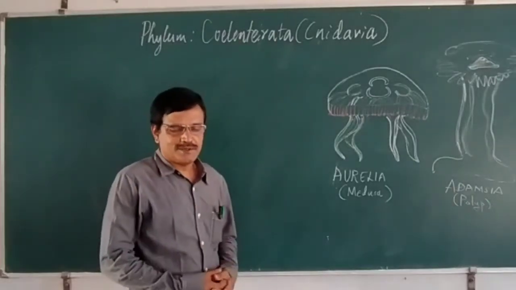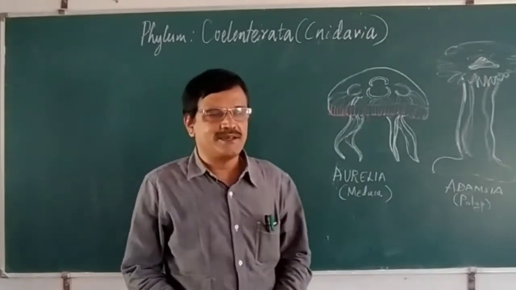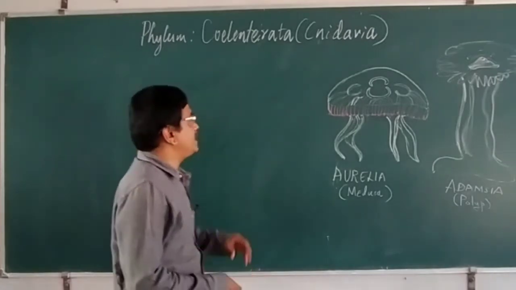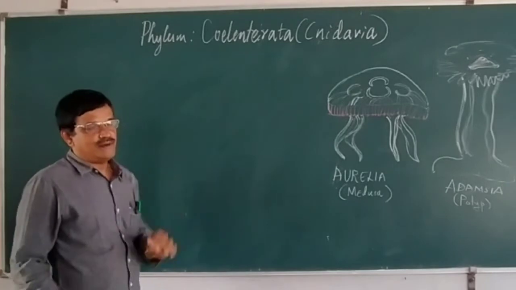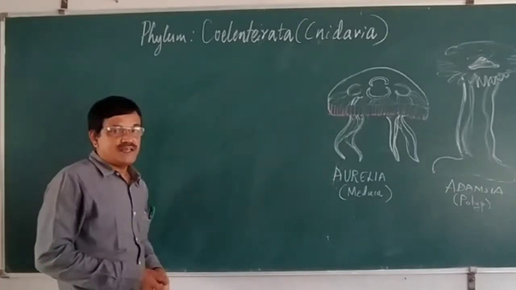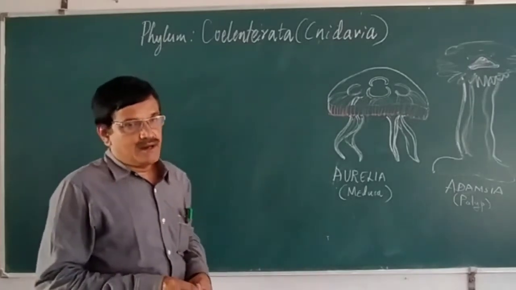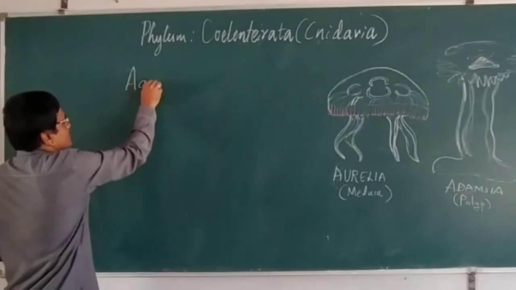Okay, good morning students. Today I am going to teach the general characteristic features and examples of phylum Coelenterata. Coelenterates are invertebrates or non-chordates, and they are aquatic animals.